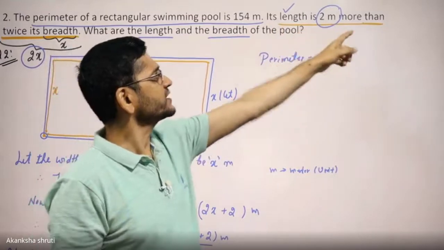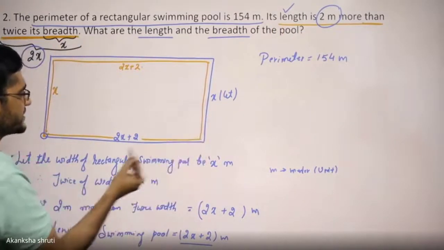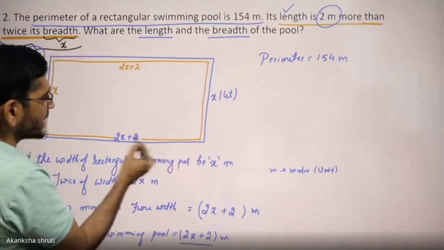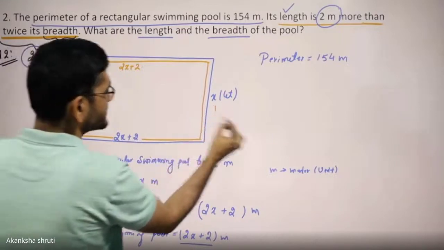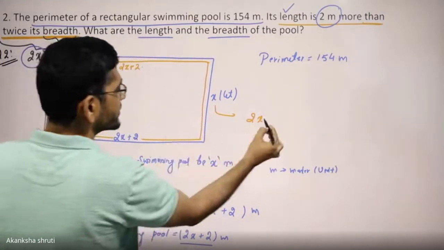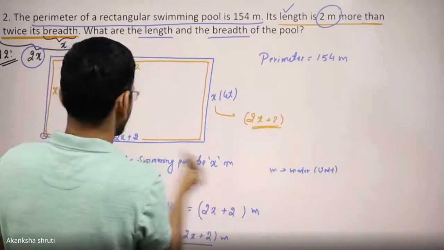Length is 2 meters more than twice the width, so width was considered as x, and the length becomes 2 more than twice x. So x is first converted into 2x, then this is further increased by 2 to get the length.